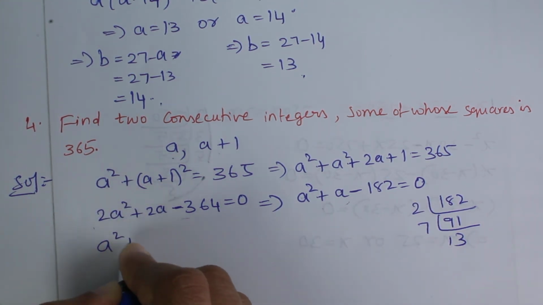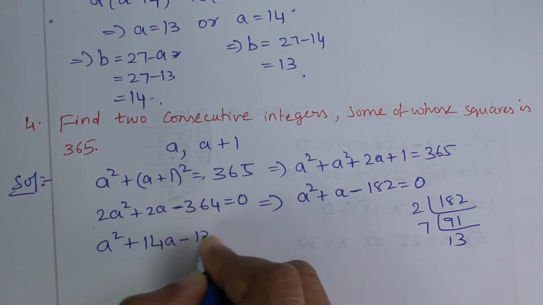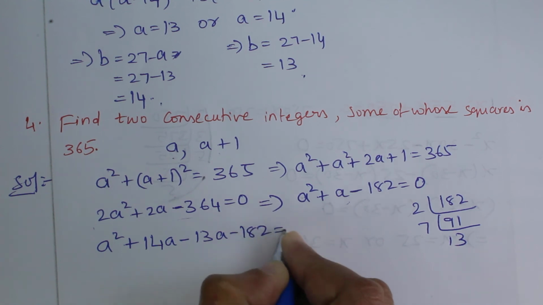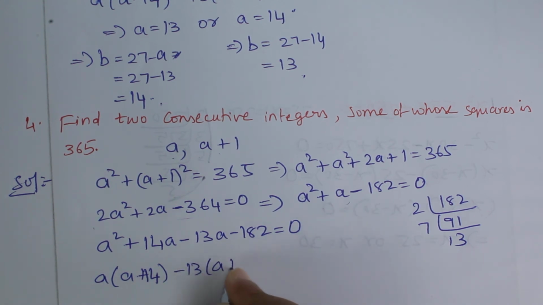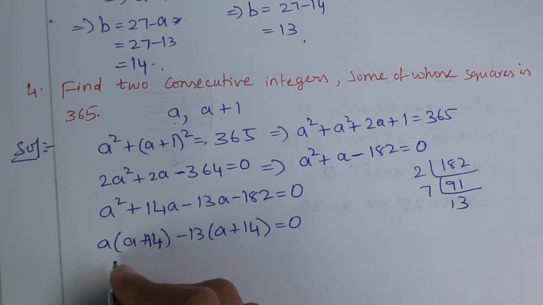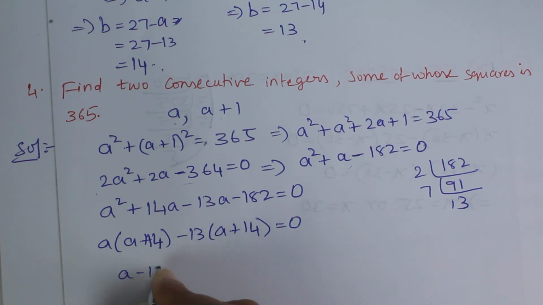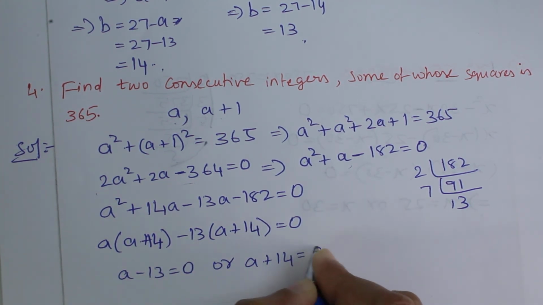So we have to split this middle term into the factors of 182. It becomes a square plus 14a minus 13a minus 182 is equal to 0. So a into a plus 14 minus 13 into a plus 14 is equal to 0. So a minus 13 is equal to 0 or a plus 14 is equal to 0.